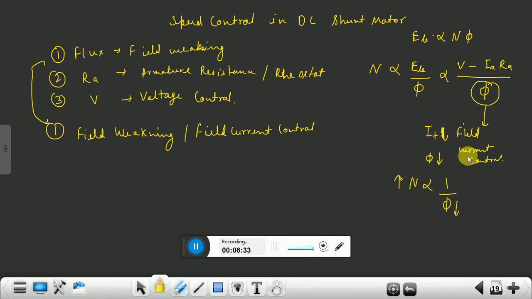Okay, so this method is used when we want to rotate our DC machine rotor above the rated speed. Okay, so make the connection.